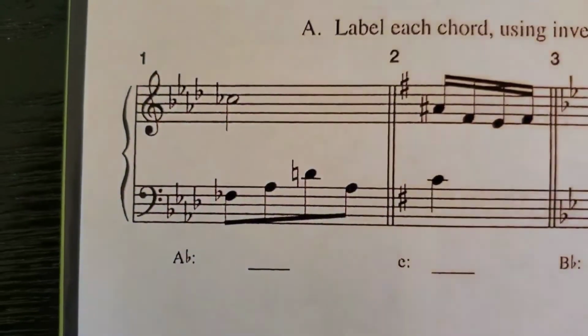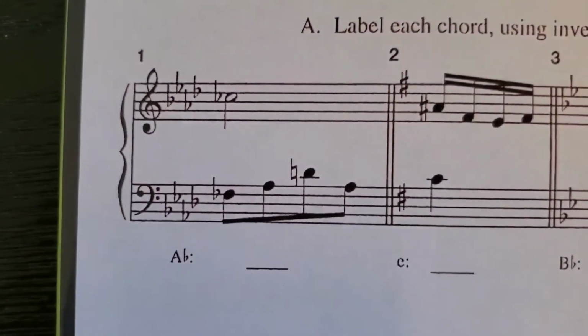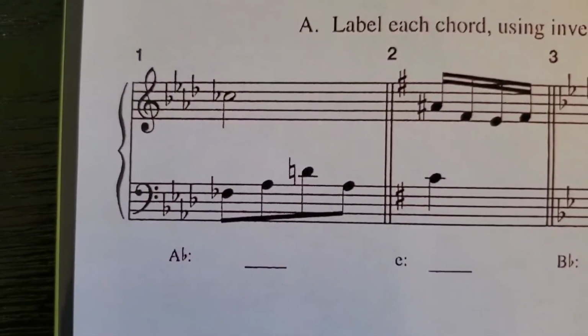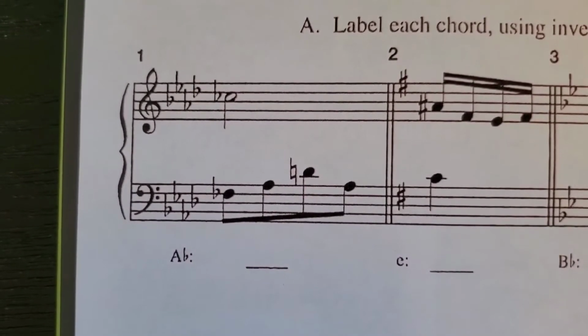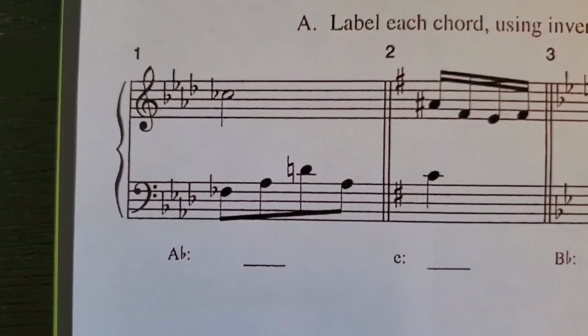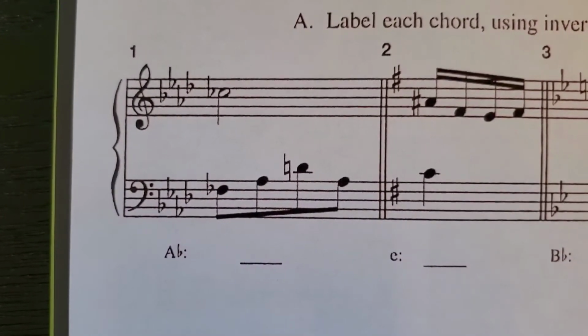All right, now I want to show you how to identify augmented sixth chords. This is in your textbook on page 382 in the self-test part A. And when you identify an augmented sixth chord, you want to begin by approaching it as you normally would a triad or a seventh chord.